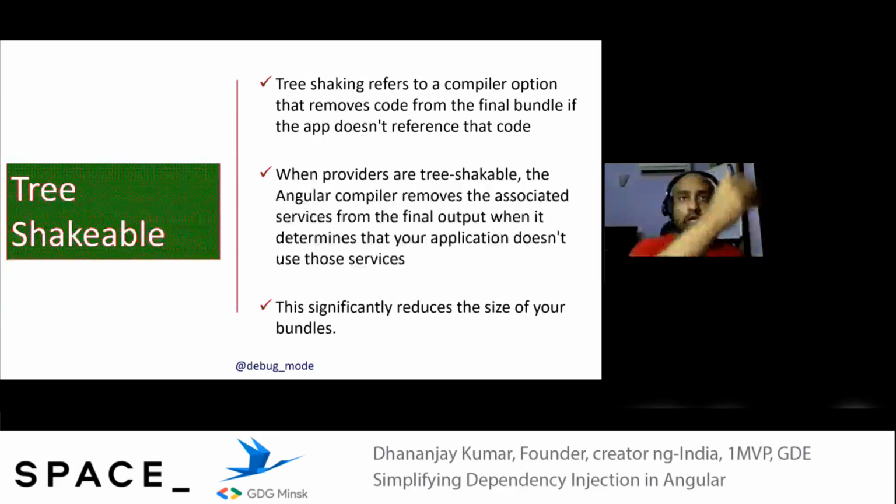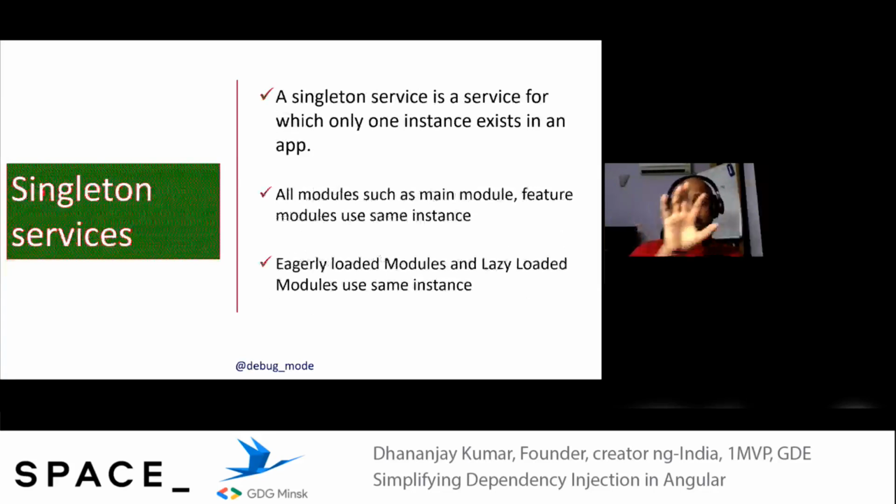Out of those 10 functions, if 2 are not used inside the application, then those functions would not become part of the final output bundle. So tree-shaking refers to a compiler option that removes code from the final bundle if the app does not reference that code. We are going to use this keyword a lot, and it significantly reduces the size of your bundles.